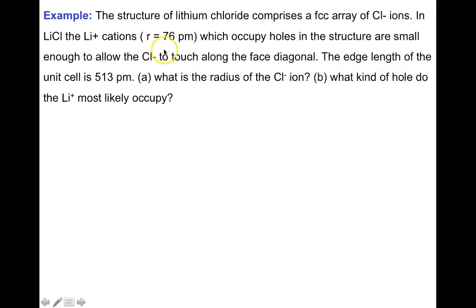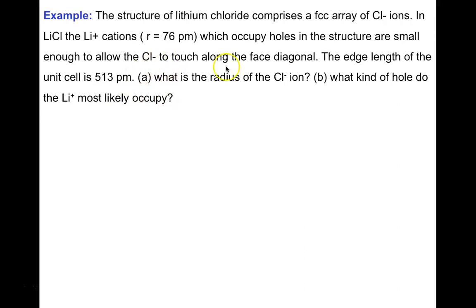The edge length of the unit cell is 513 picometers. Part A of the question asks, what is the radius of the chloride ion? And then part B asks, what kind of hole do the lithium ions most likely occupy?